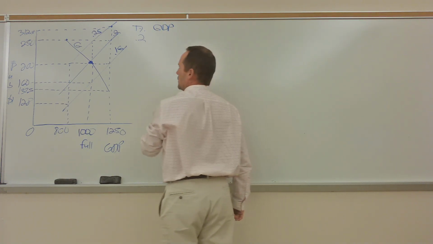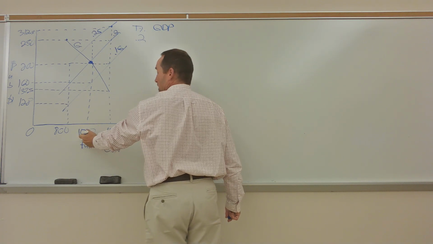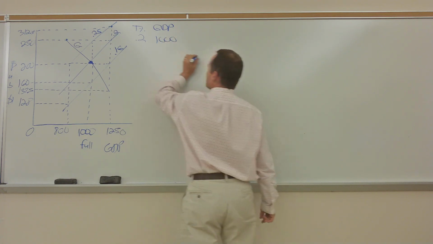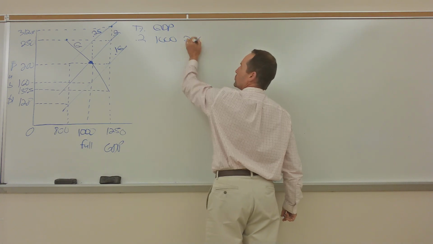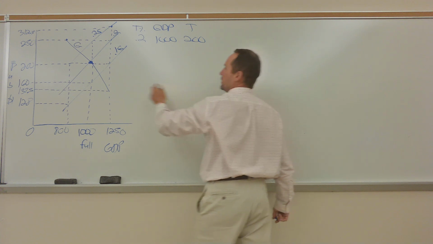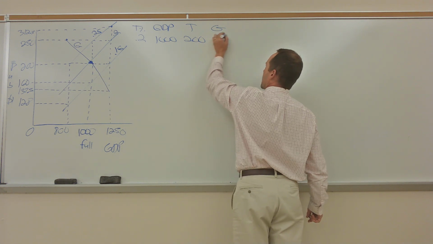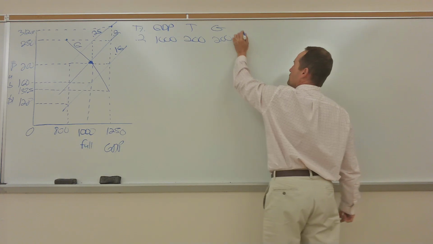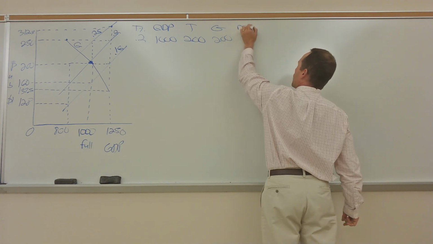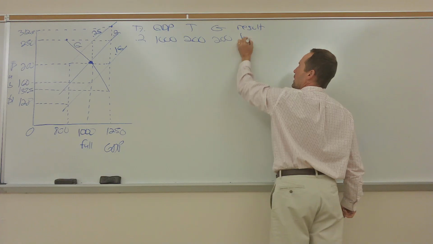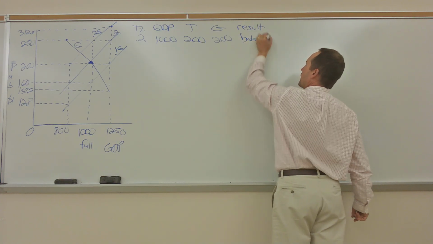So, median taxes times median or full or normal GDP gives us tax revenues of 200 minus government spending of the same, which gives a budget result that is balanced. We have a balanced budget.